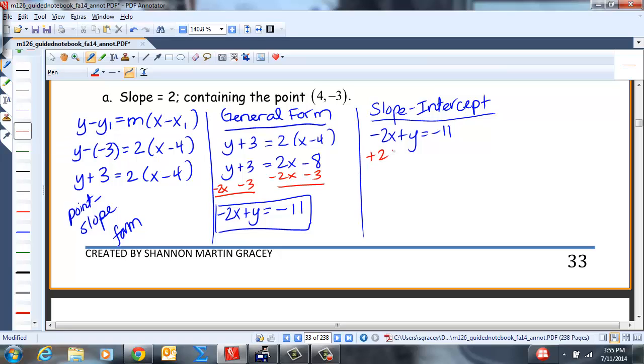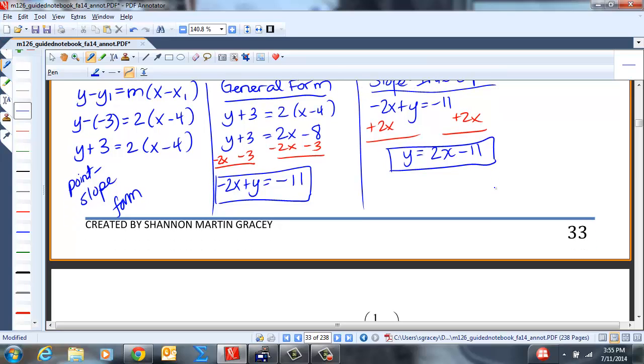So we'd be getting the x term back on the other side, and our slope-intercept form will be y equals, we want to do the x term first, and then our constant. Okay, so far? Great.